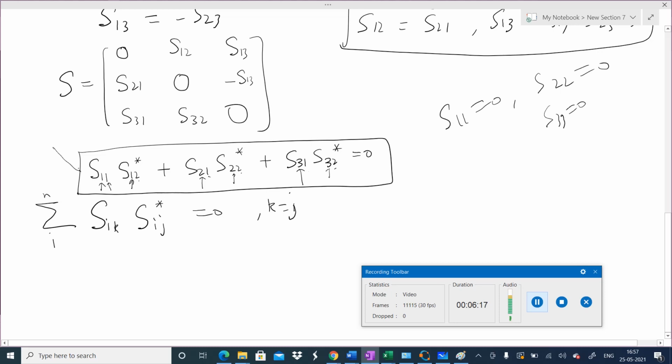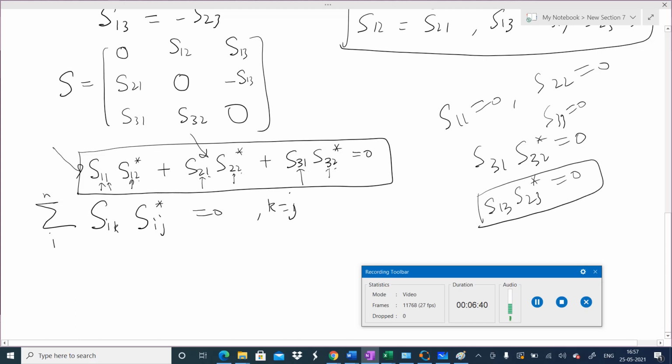Now if we put S11 as 0, this term goes, so we get S31 S32 conjugate is 0, but S31 is same as S13 by symmetry property, and S32 is same as S23, so S13 S23 conjugate is 0. Now S13 S23 conjugate will be 0 only if either S13 is 0 or S23 is 0, or both are 0.